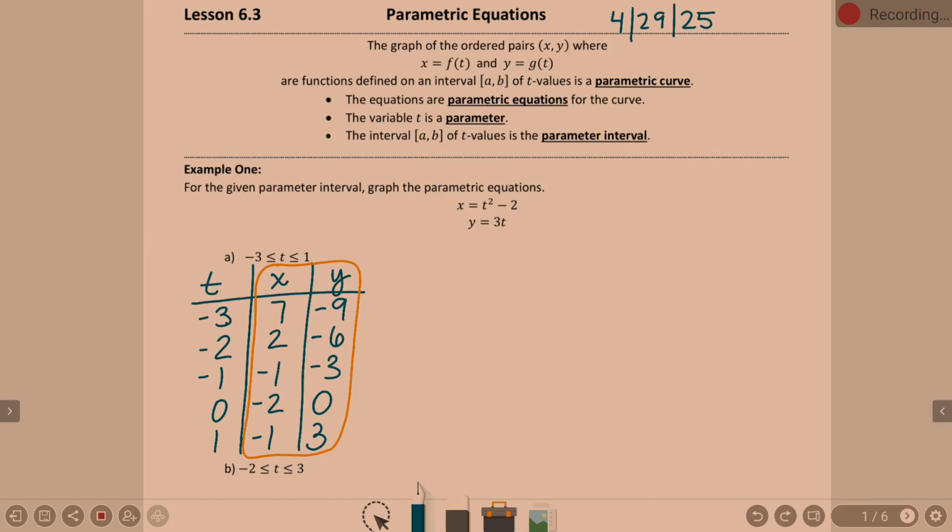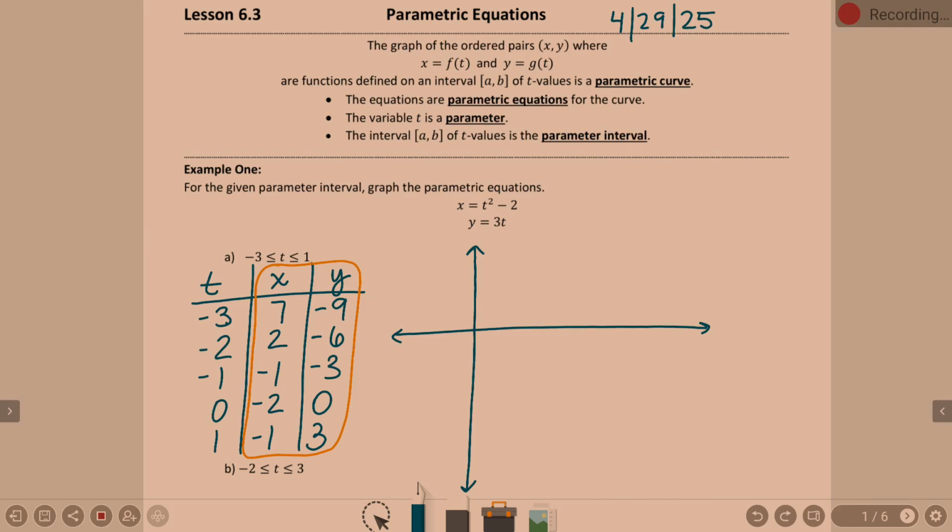Let's see. As I set up my graph, I need to be able to go as far as 2 left and 7 right. Just trying to give you an idea. In terms of my y's, I need to be able to go as far as 9 down and 3 up. Okay, so I'm making my graph lopsided on purpose, just looking at what I needed.